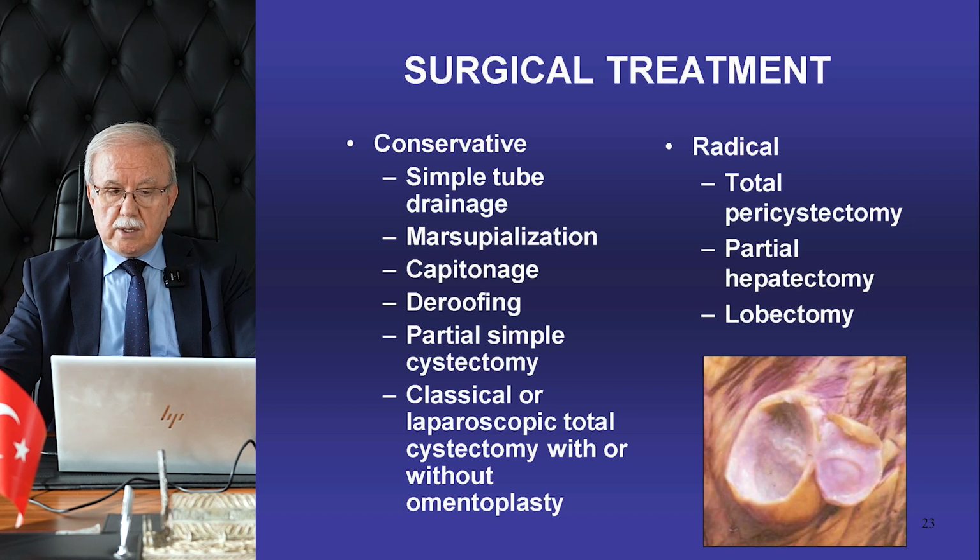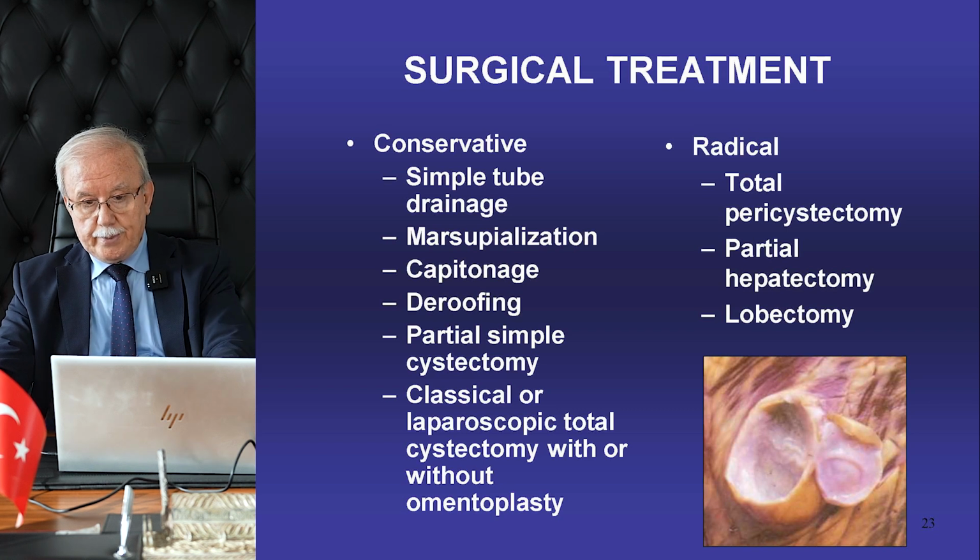Surgical treatment can be conservative or radical. Conservative treatment includes simple tube drainage, marsupialization, capitonnage, deroofing, and so on. Radical treatment includes total pericystectomy, partial hepatectomy, or lobectomy.